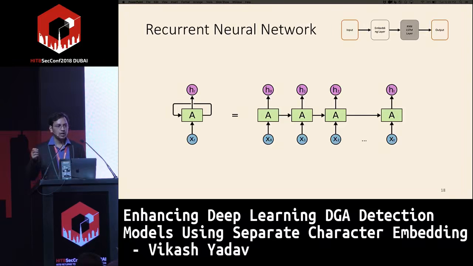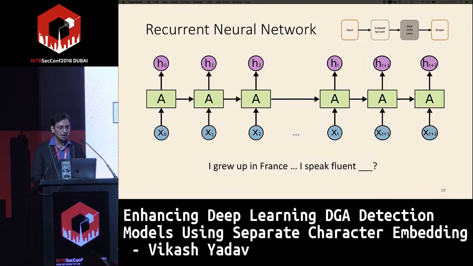Here, the prediction only depends on the input that we are passing to the model. But for tasks which have sequential input, such as a sentence, I grew up in France, I speak fluent, the model has to predict the next word.